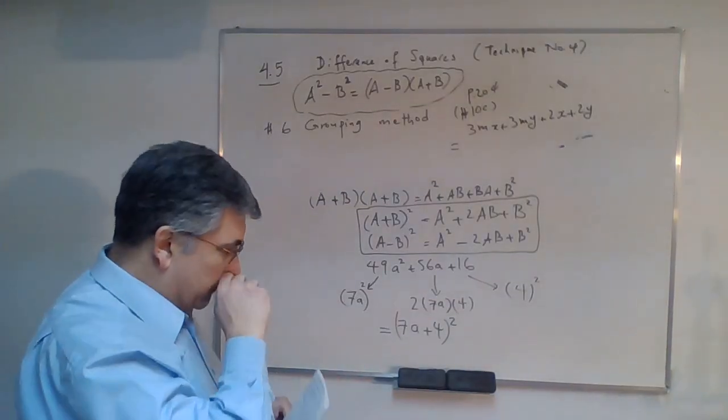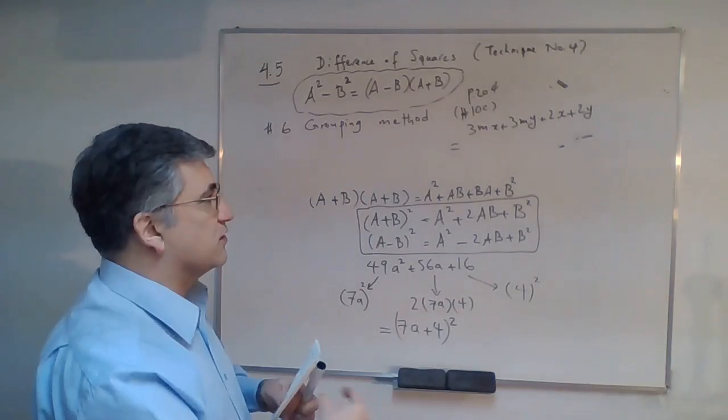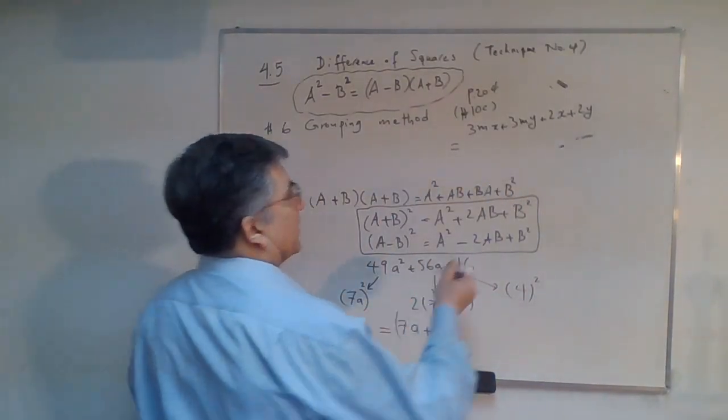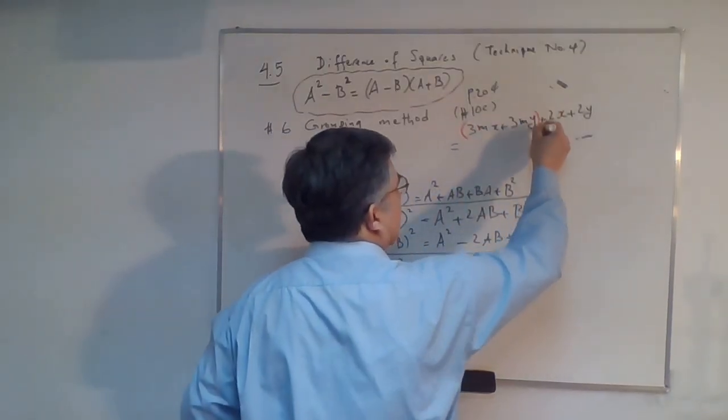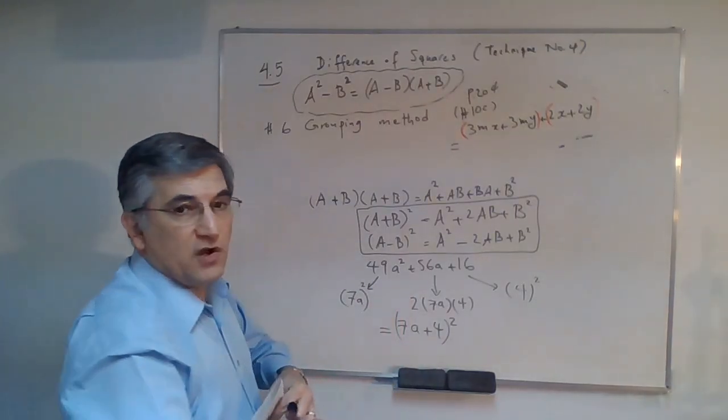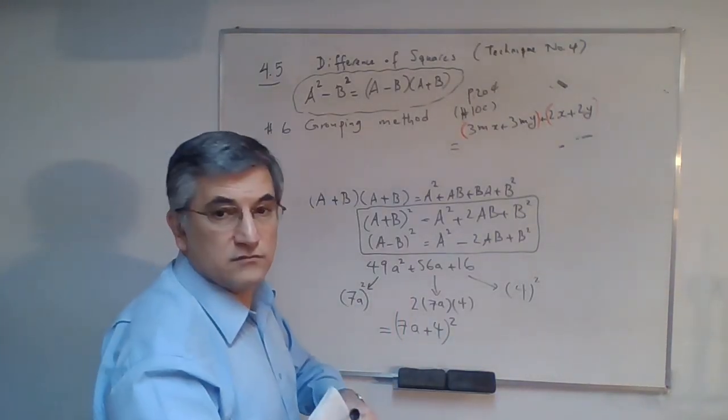Now, sometimes we can factor by grouping the terms. For example, if I take the first 2 terms together, if I group the first 2 together, and I group the last 2 together, I will have some common factors oftentimes.